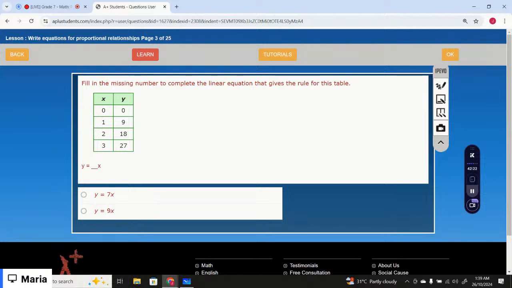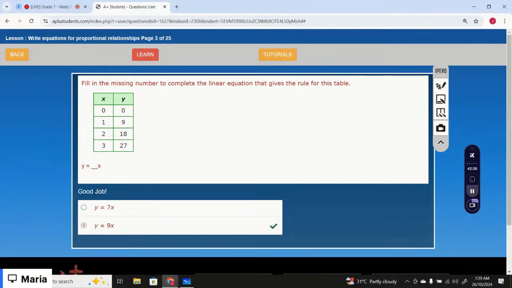The correct option is y equals 9x. Option number 2 is the correct option.